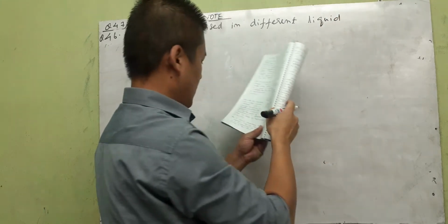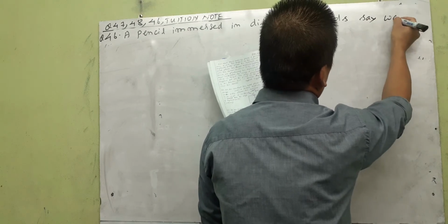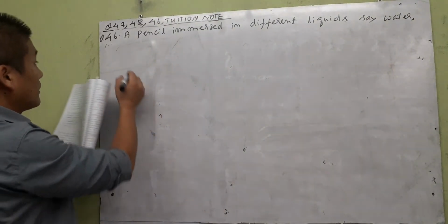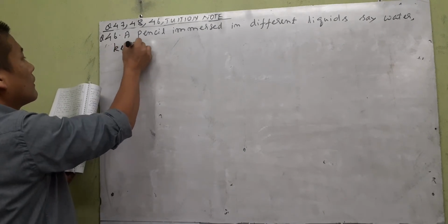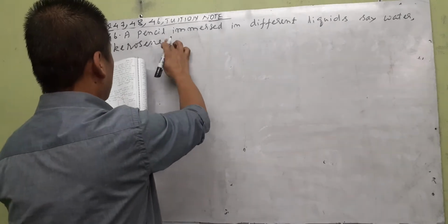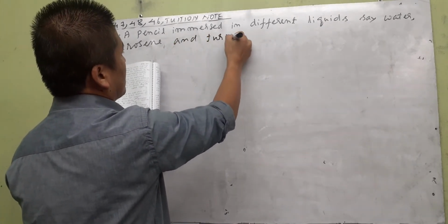Different liquids, say water, kerosene. This is in your textbook, kerosene. And turpentine, that is another liquid. Turpentine is also a liquid.